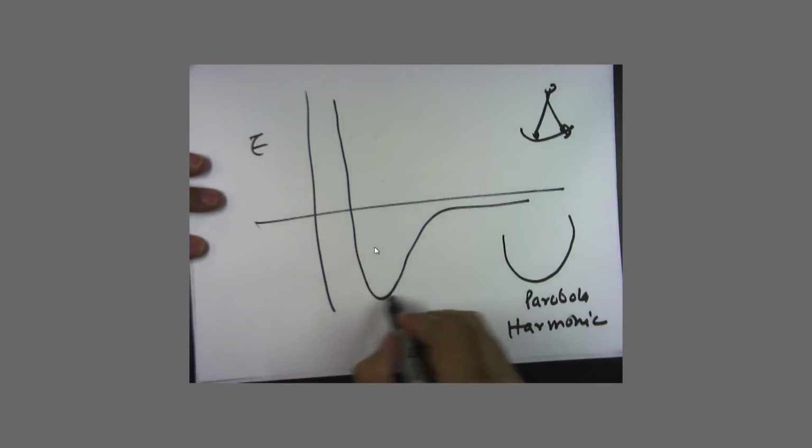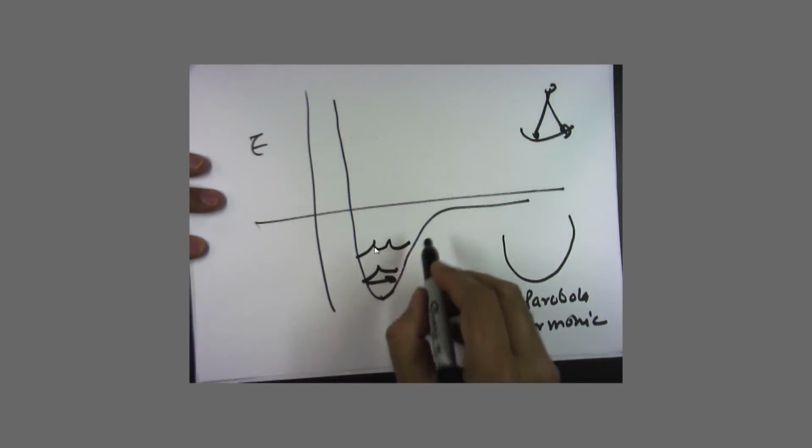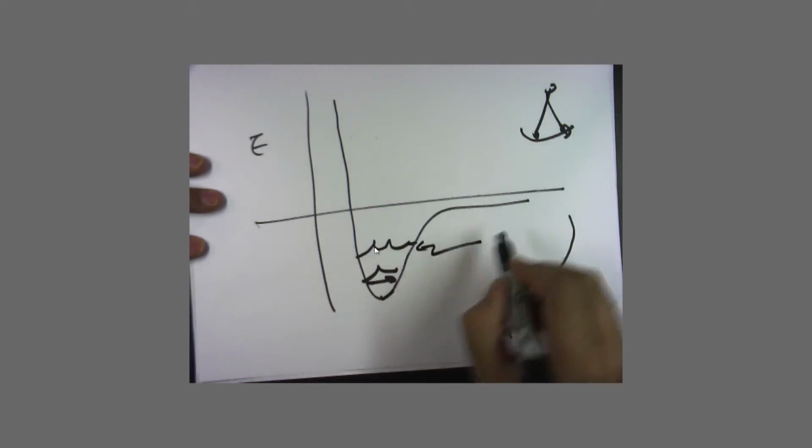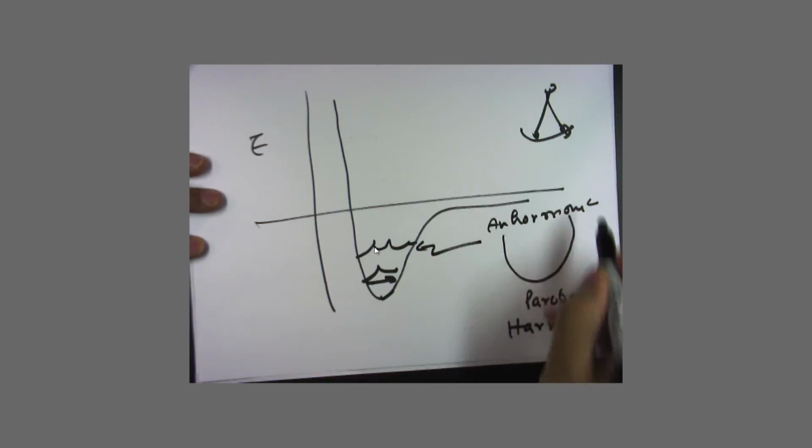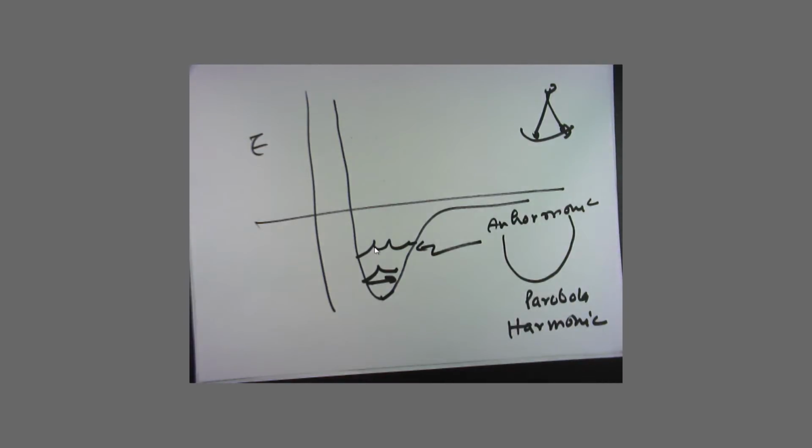But in this case, as you move up, these levels have become anharmonic. So, you now have to deal with more components within the vibrational frequency that go from harmonic to anharmonic. Now let us go back and look at our understanding of the vibrational spectra from that perspective.